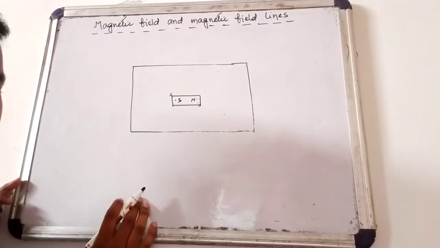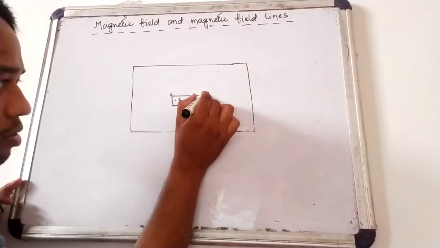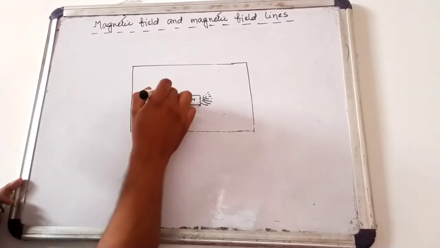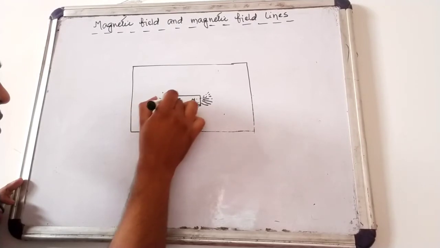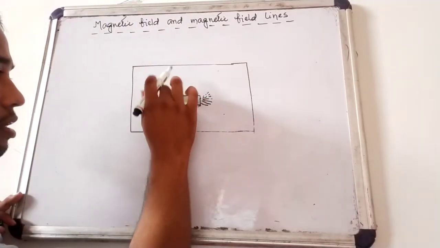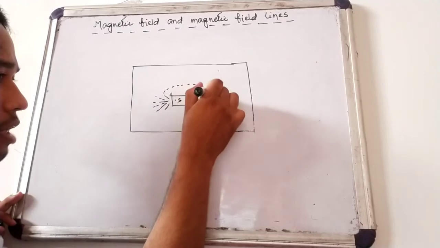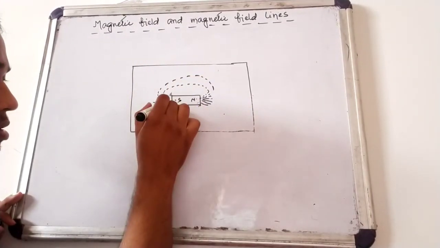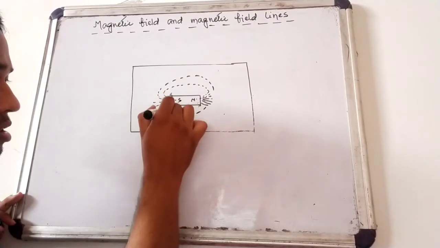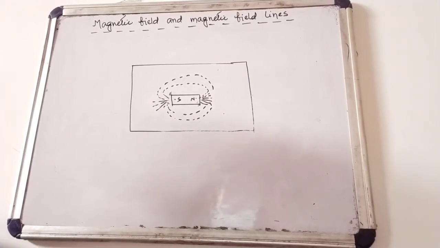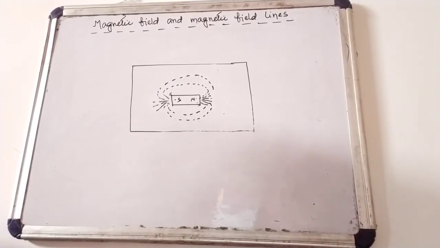Near the pole, these iron filings will be more. Near this pole, these iron filings will be more, and they will arrange themselves like this, in some specific lines surrounding the magnet.